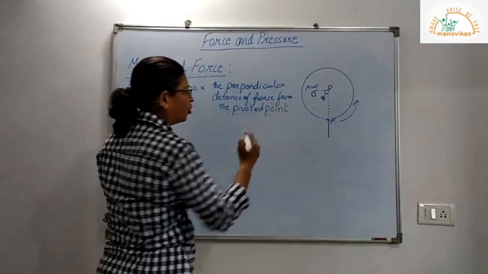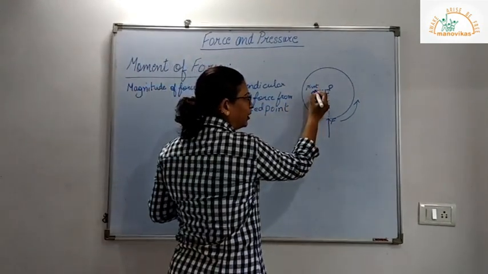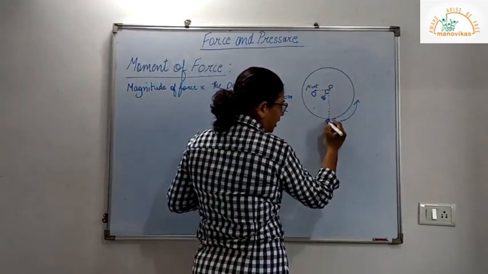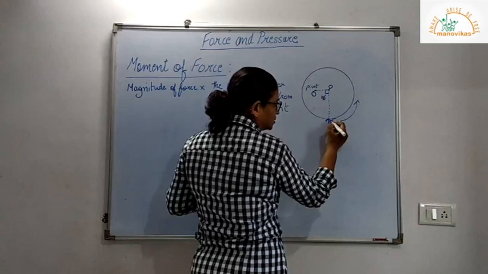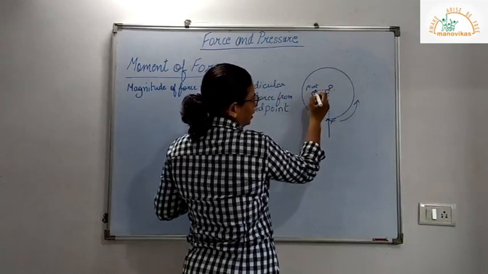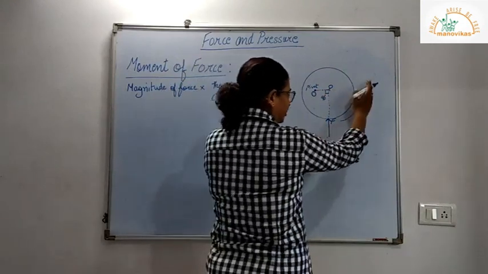Now if we consider a body, and it is pivoted at a point O, then a force is applied in such a way that it is perpendicular at the pivoted point. So the body turns.